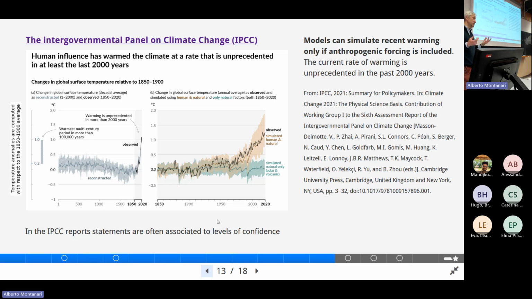They associate to any statement a score based on 2 things: evidence from data and consensus. So if they find good evidence from data supporting the statement and consensus between scientists, very good, then they say high confidence. The problem is that sometimes they miss the data, because with climate we have this problem.